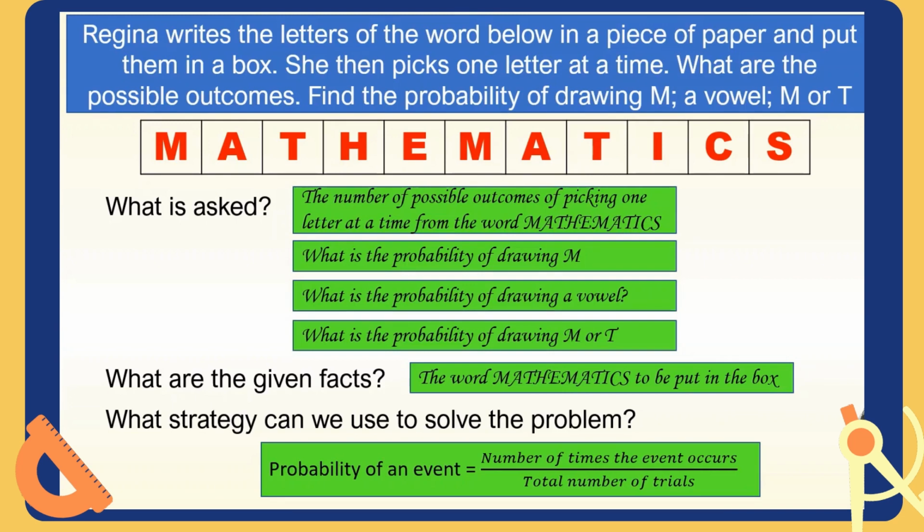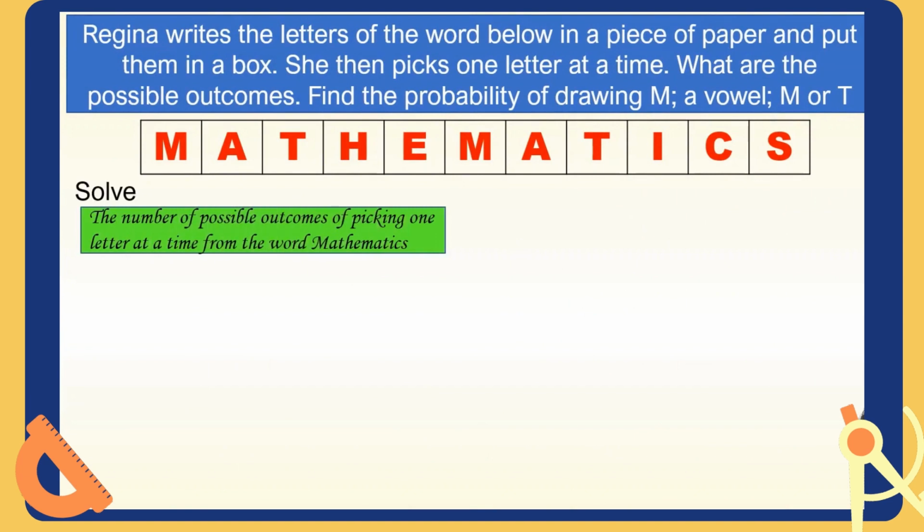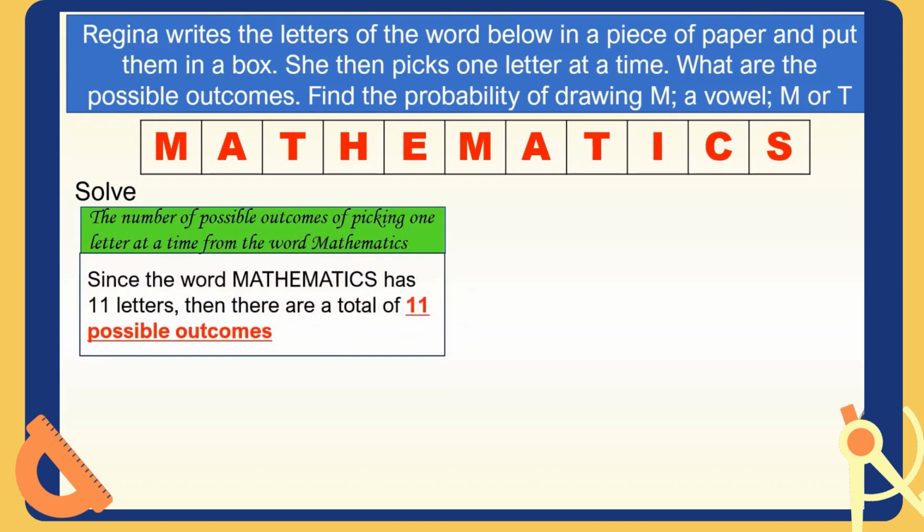Ngayon, sasagutin na natin. So, let us solve. The number of possible outcomes of picking one letter at a time from the word mathematics. The answer is, since the word mathematics has 11 letters, then there are a total of 11 possible outcomes.